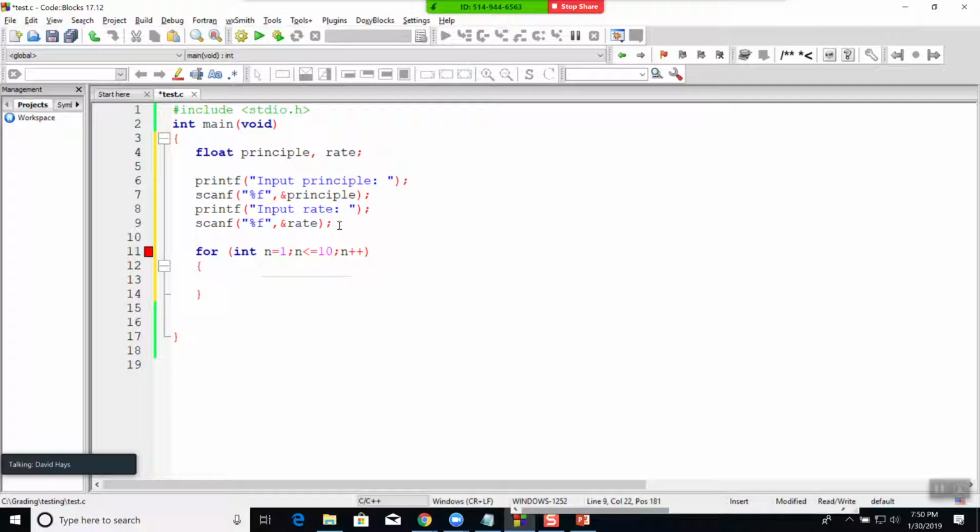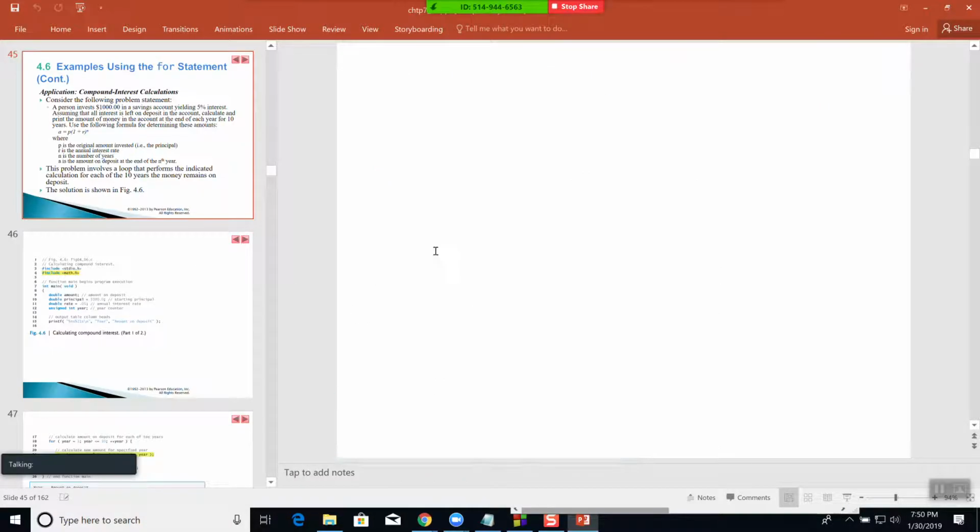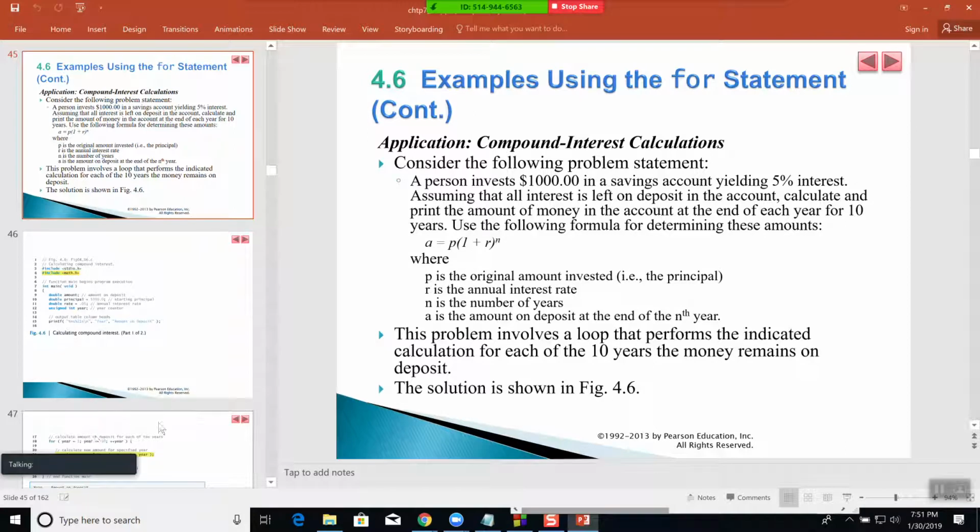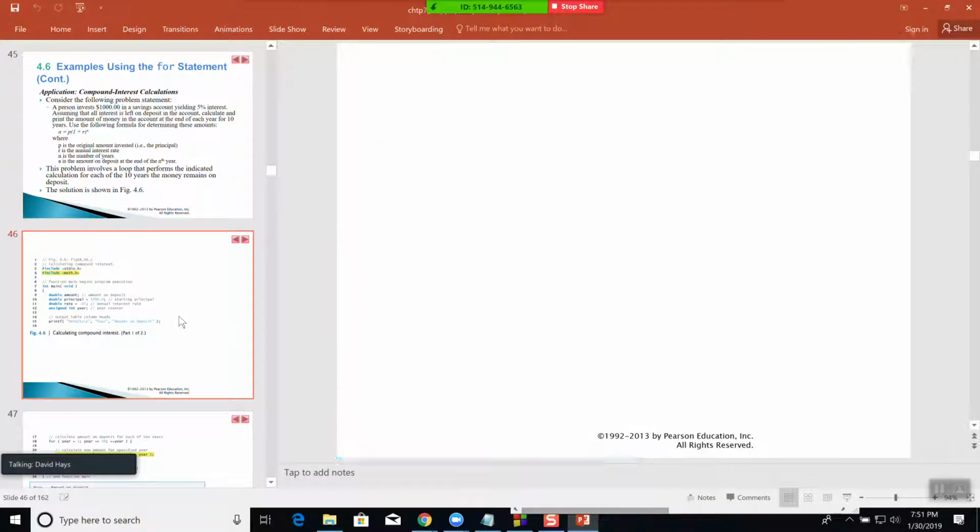I may have to look up that syntax. Why does it tell me I have an error? For n equals 1, continue while n is less than or equal to 10, n plus plus. Maybe it's because I haven't put any code in there yet.